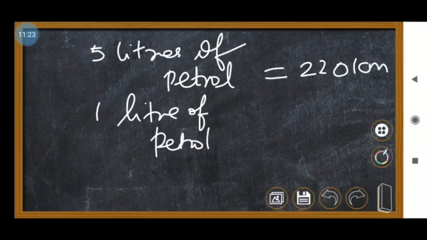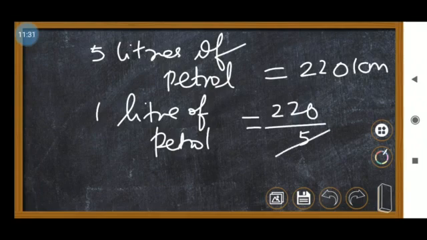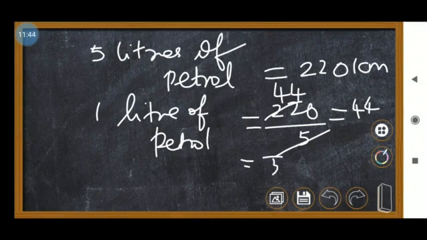So 1 liter of petrol is equal to 220 divided by 5. 1 5 is 5, 4 5s are 20, and the remaining 2, 4 5s are 20. So that means 44. Am I right? So with 1 liter of petrol, it can cover 44 kilometers.